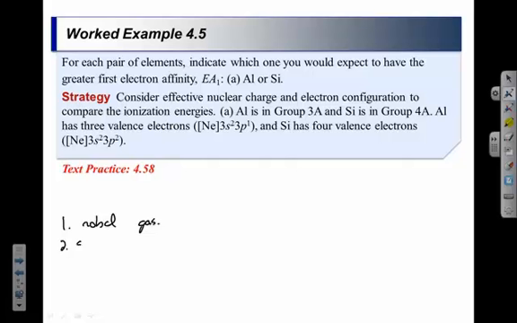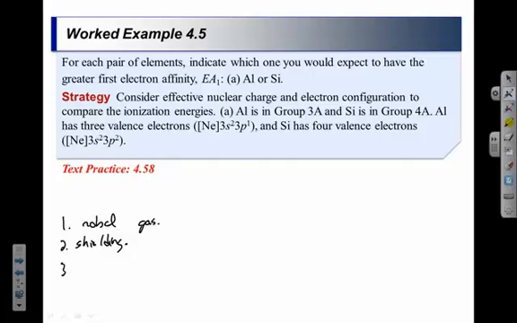The second factor is the shielding. So if both of your elements have the same noble gas configuration argument, that's not going to distinguish between them. So then you would go to see which one has more shielding.